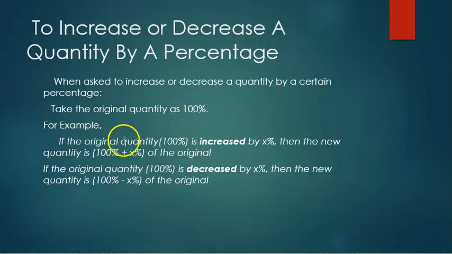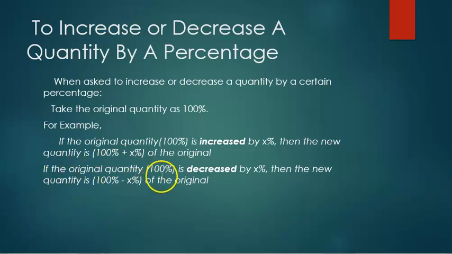For example, if the original quantity 100% is increased by X%, then the new quantity is 100 plus X% of the original, which is 100%. So we add the increase to the original, and we know "of" means multiplication, of the original quantity.